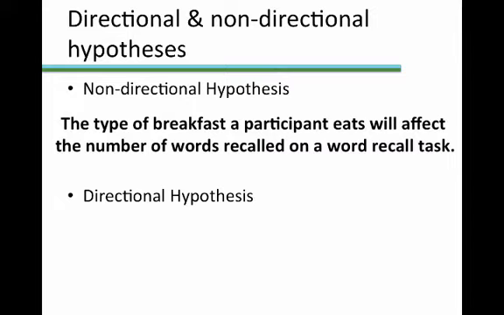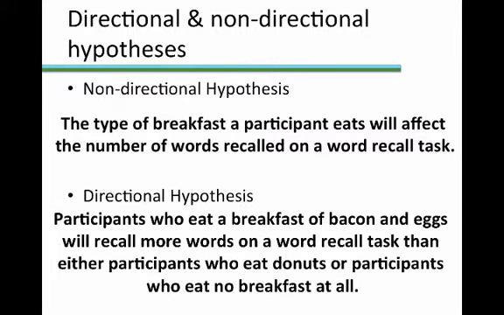We could make it a directional hypothesis by stating it as: participants who eat a breakfast of bacon and eggs will recall more words on a word recall task than either participants who eat donuts or participants who eat no breakfast at all. So long as our hypothesis makes some sort of prediction about an expected difference, we can choose whether or not to specify the direction of that difference.